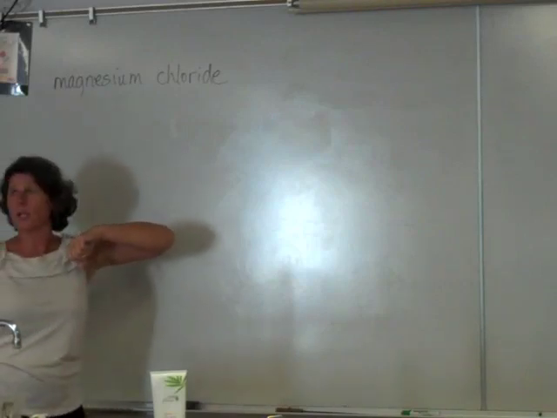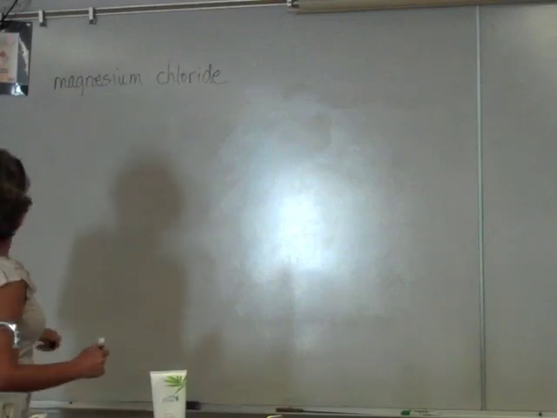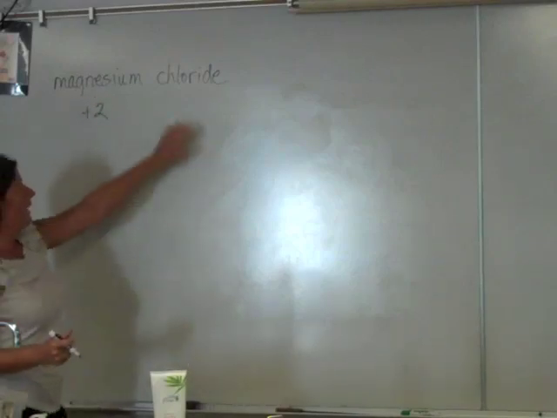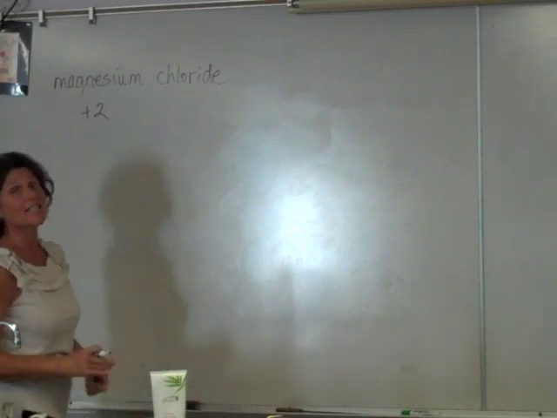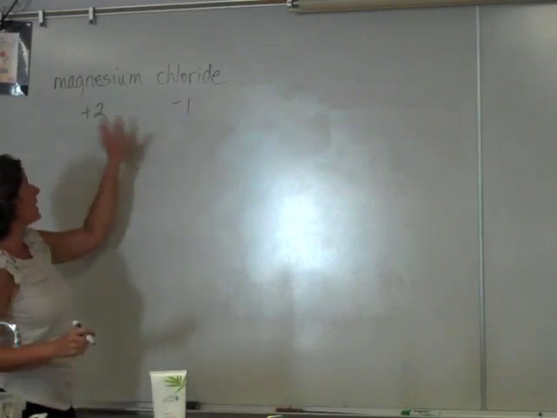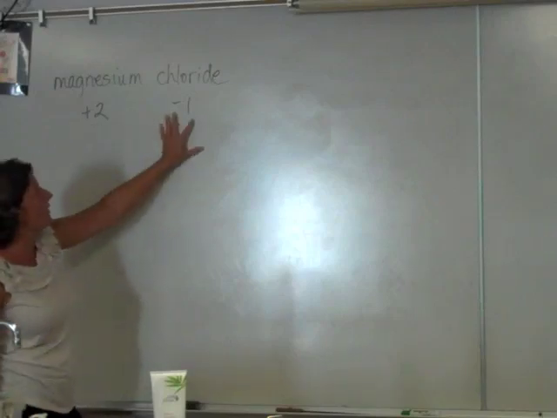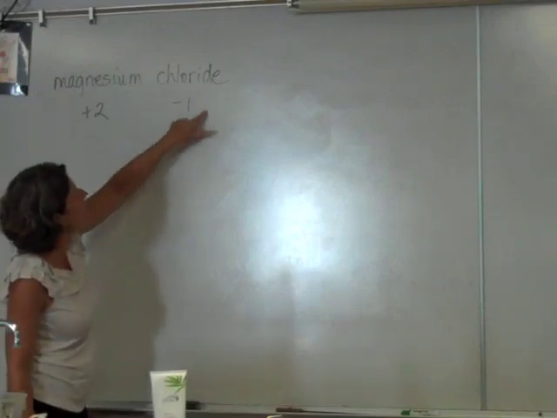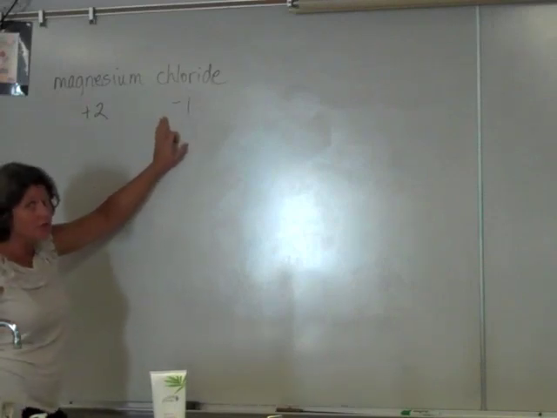Magnesium is in group 2, so magnesium has a positive 2 charge. And chloride is in group 7. Chloride has a negative 1 charge. Are my two equal? No, they are not. I've got a positive 2, I've got a negative 1. So that means I'm going to need 2 chlorides so that I have an overall negative 2.